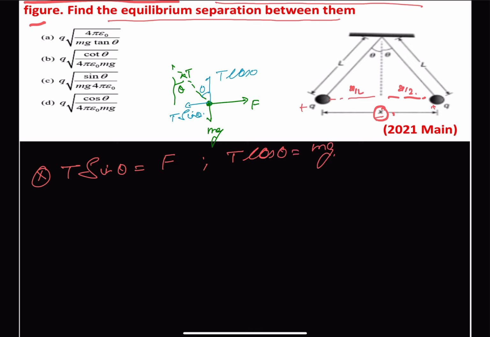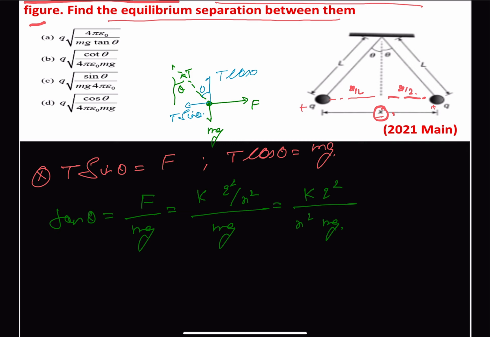If we divide them, we get tan theta will be equal to F upon mg, and our F will be equal to K Q square upon X square, divided by mg. So we can write this as K Q square upon X square mg.